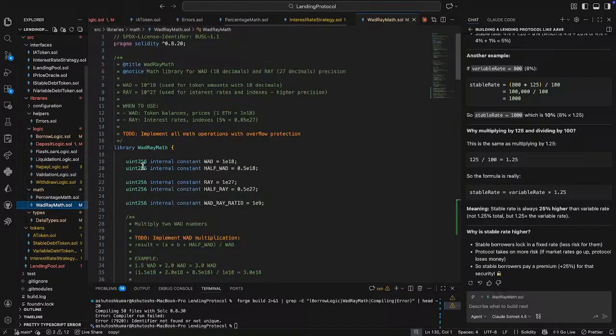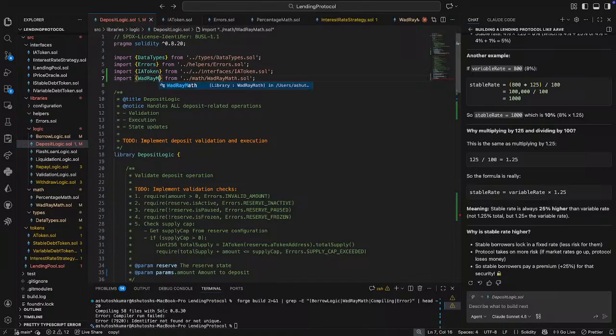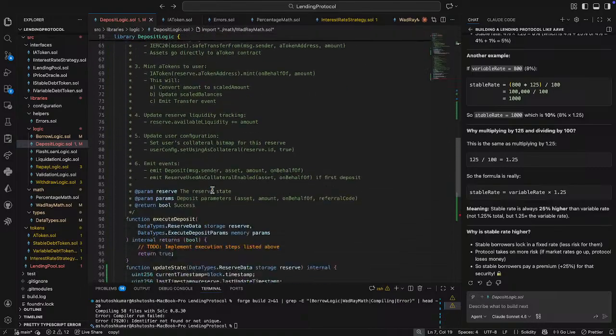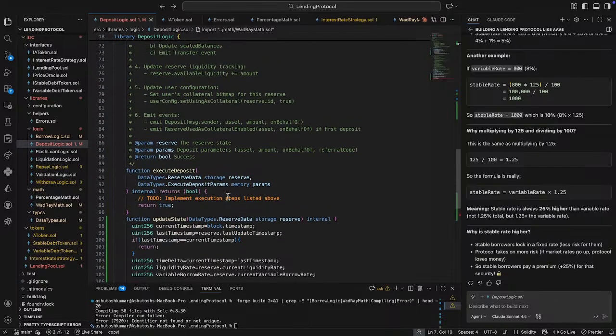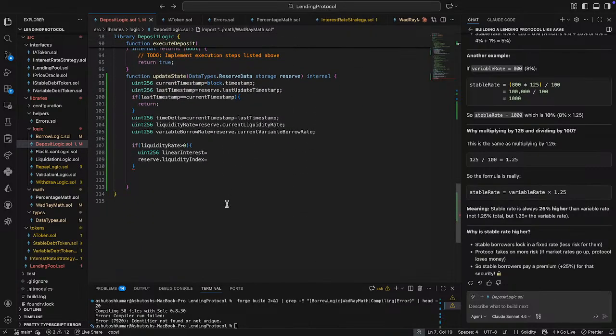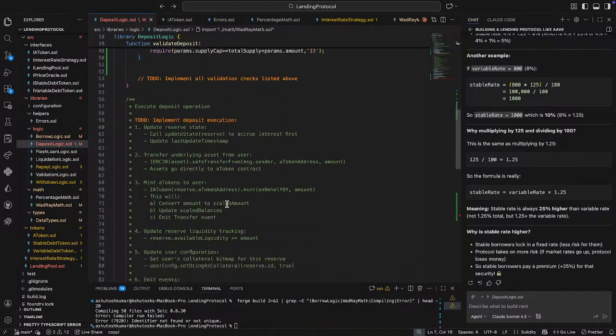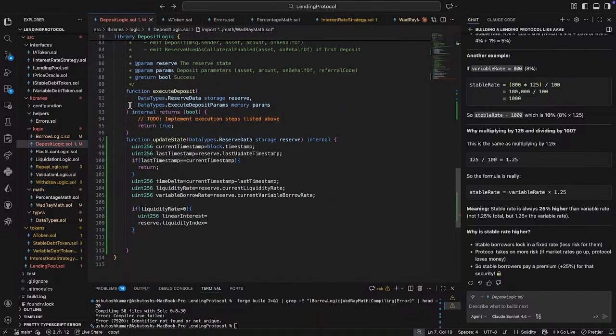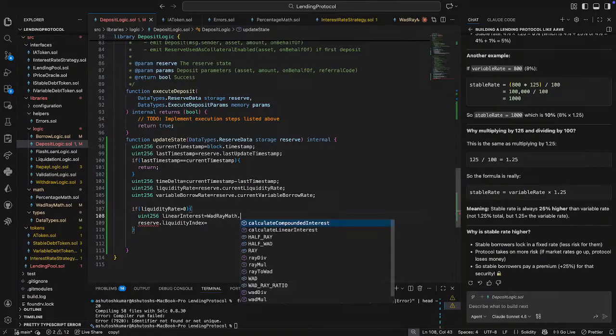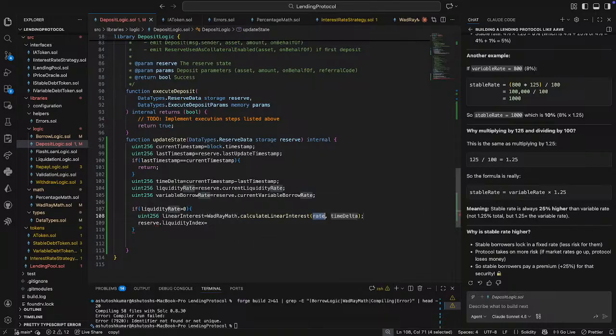And WadRayMath it is. So we are passing rate, time delta.